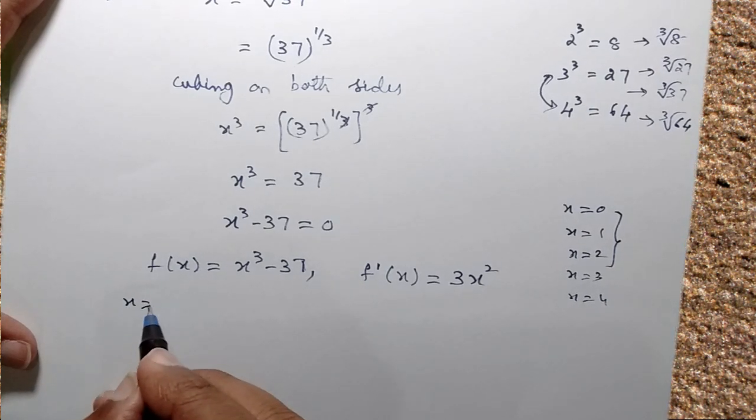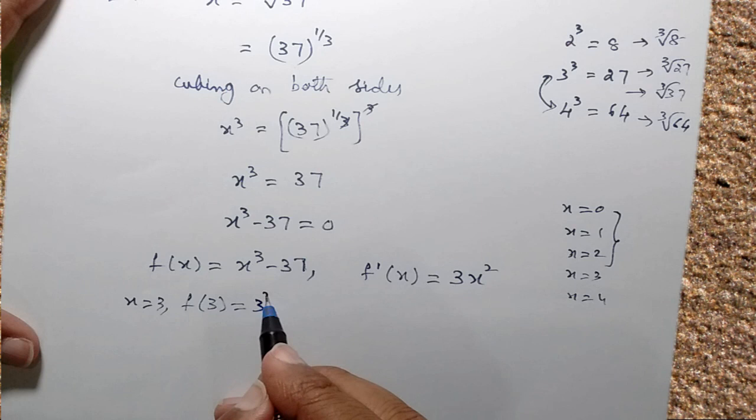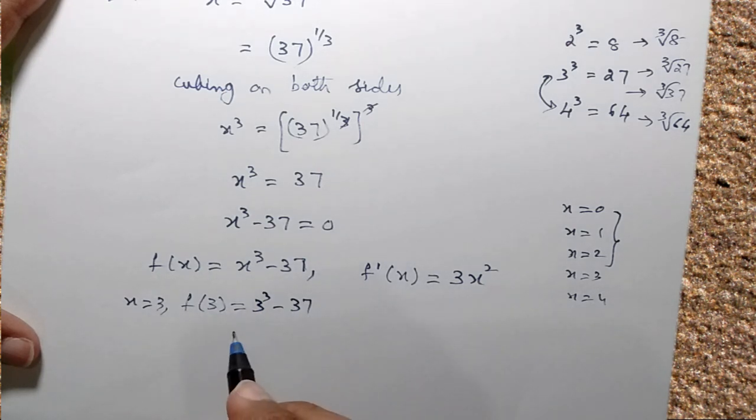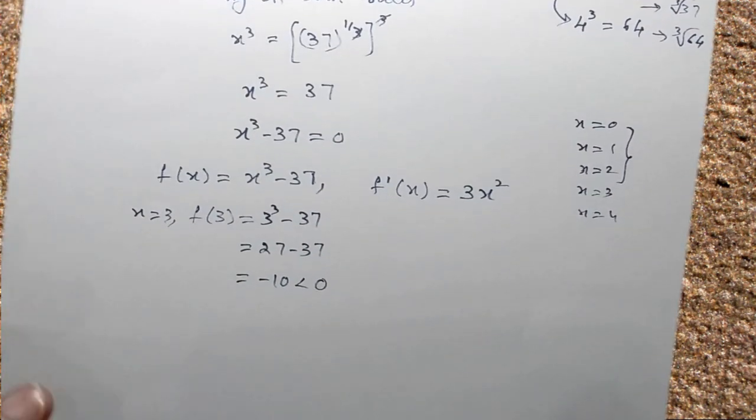If I put x as 3 here, I will be getting f of 3 equals 3 cube minus 37, which is 27 minus 37, that is minus 10. That is less than 0.